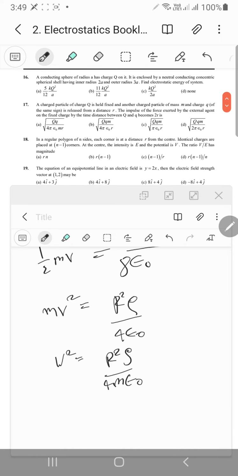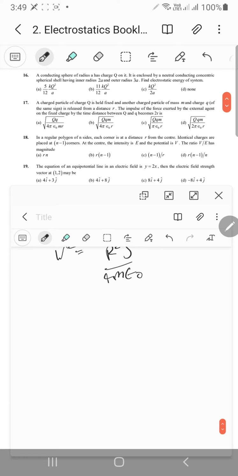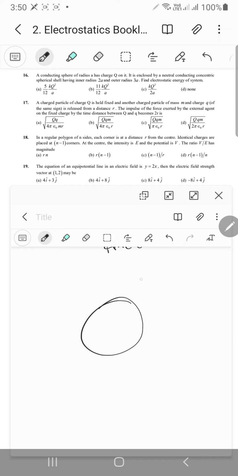Next question. A conducting sphere of radius a has charge q on it. Okay, conducting sphere, so that means everything is on the outside. It is enclosed by a neutral conducting concentric spherical shell. So first of all, we have this sphere, then another spherical shell like that.